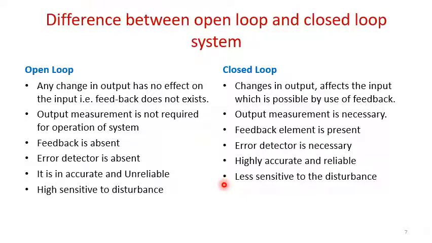As we take care of the disturbances in a closed loop system, they are less sensitive to disturbance. So these are some of the differences between an open loop and a closed loop system.